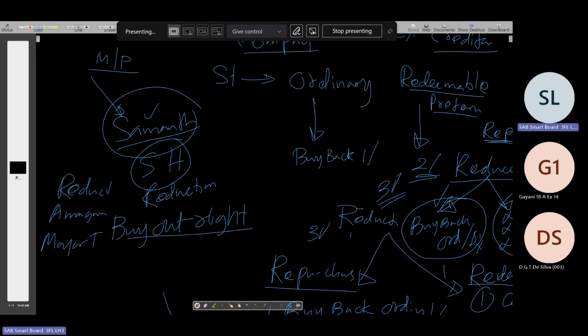A major transaction means the value of the transaction is greater than half of the assets of the company.